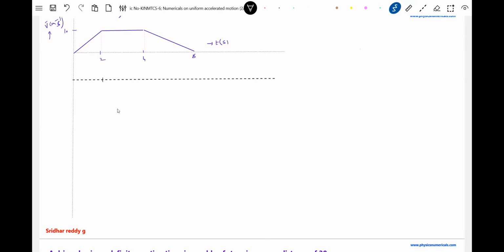So for the first 2 seconds, here the body will accelerate. The body will move with a constant speed. Here the body will undergo retardation. Okay, this is A1, this is A5 or something, whatever.